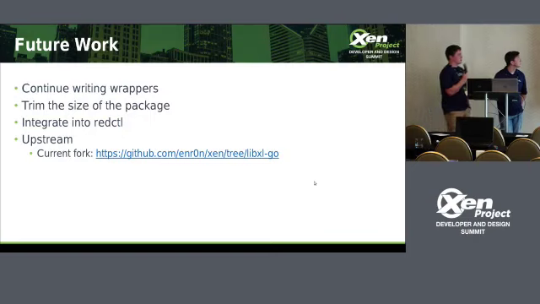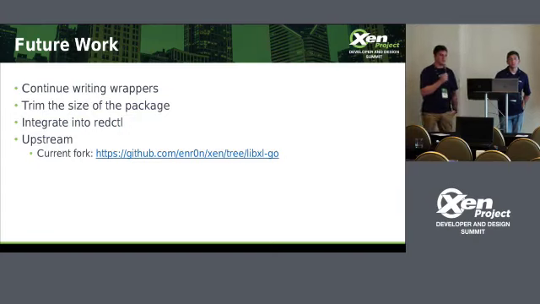And then finally, we want to upstream it, because as far as we understand it, there is still some interest for Go bindings in the Xen community, and so we're hoping to see this as a revival of the initial effort. So we'd like to push this through to the finish. And the current fork is at that link right there, if anybody is interested in taking a look.